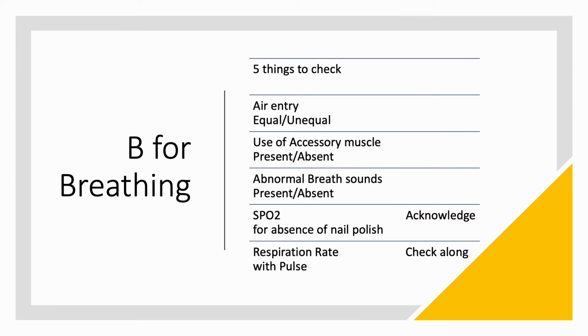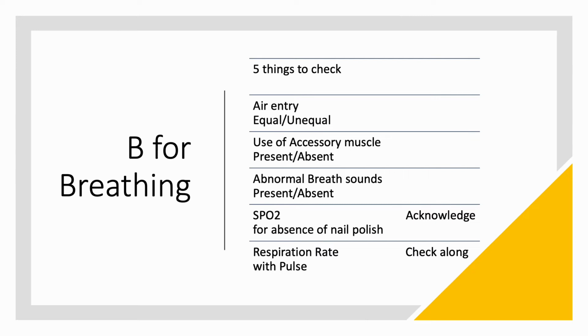When you are checking the saturation of the patient, this is the first time you will literally be touching the patient. You're going to put the saturation probe on the patient's hand, and before you put it on, check for any nail polish and mention that nail polish is not there, so I can get a proper saturation.